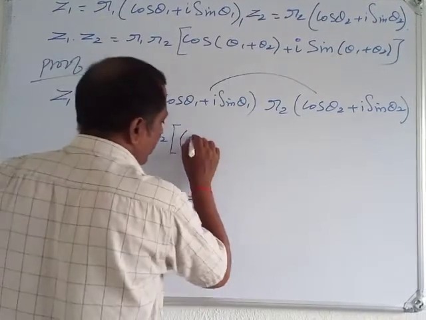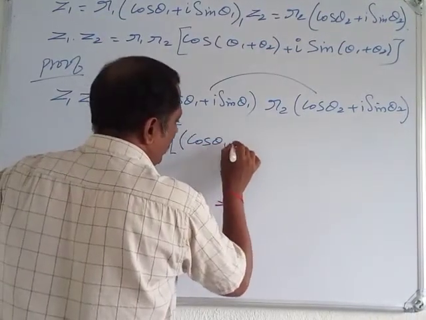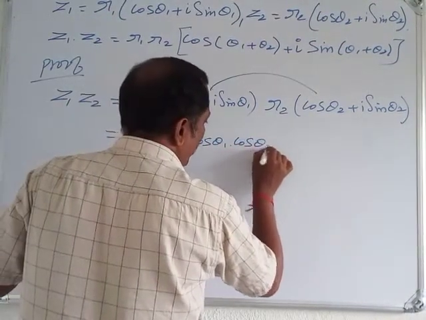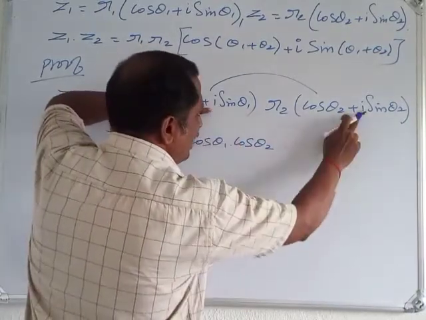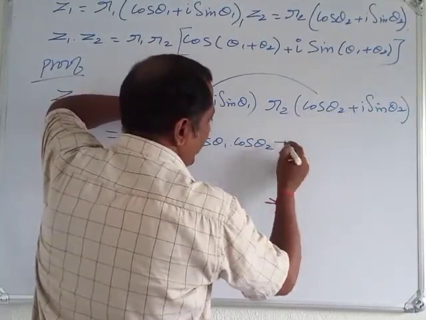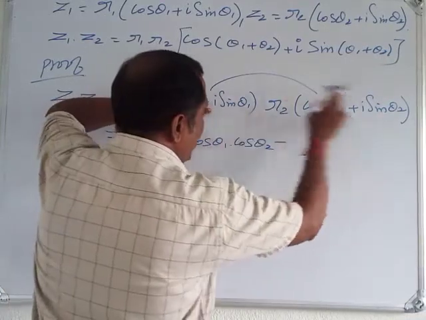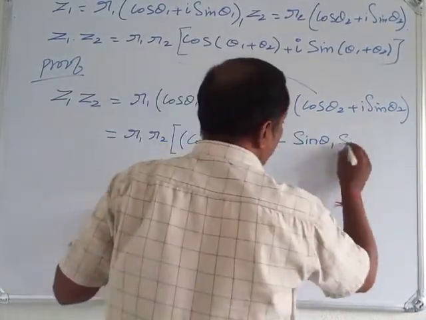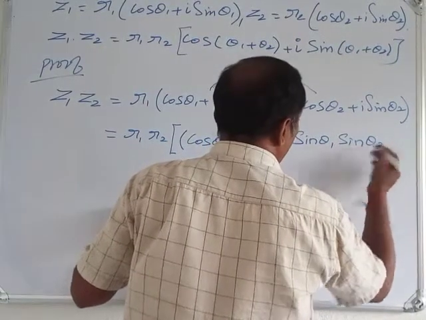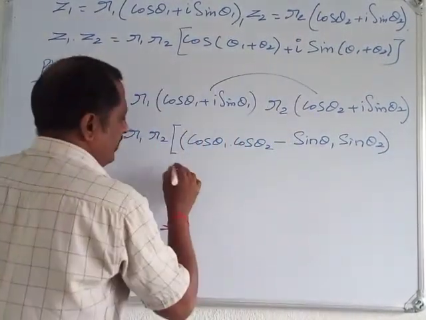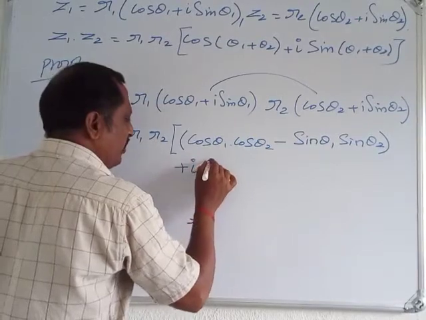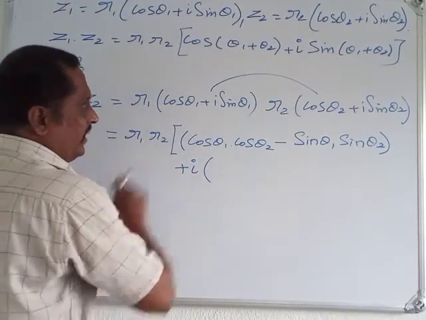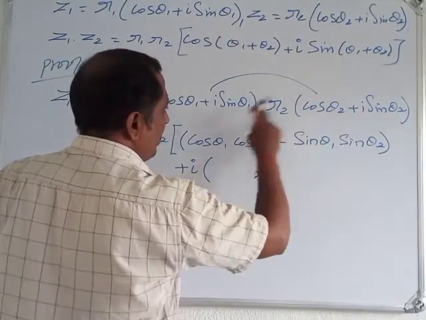So real into real, cos theta 1 into cos theta 2. Then for the imaginary part, both have the same sign, so minus: imaginary into imaginary is sin theta 1 sin theta 2. So the real part is over. Next, plus i into the imaginary part: real into imaginary plus imaginary into real.